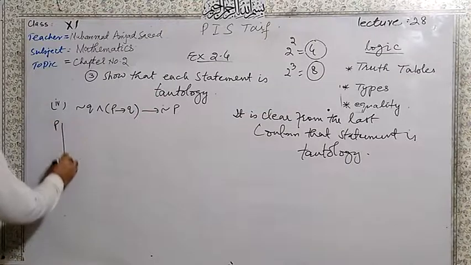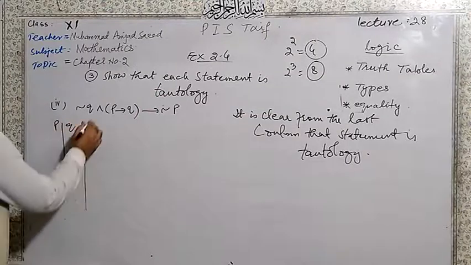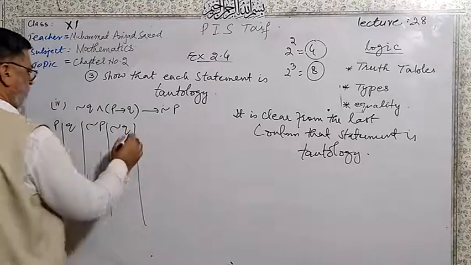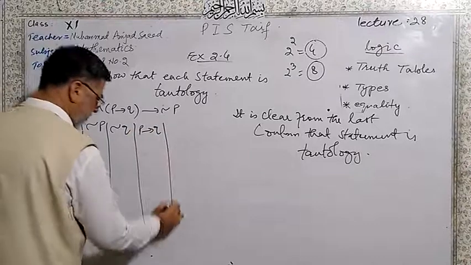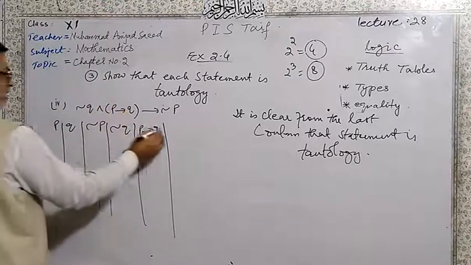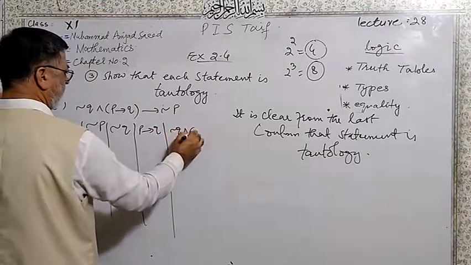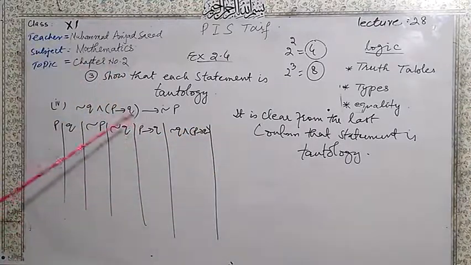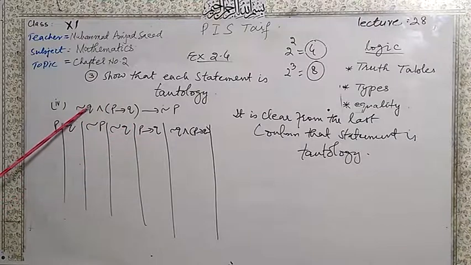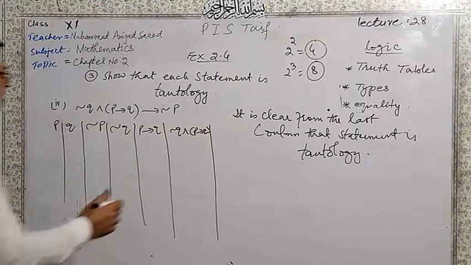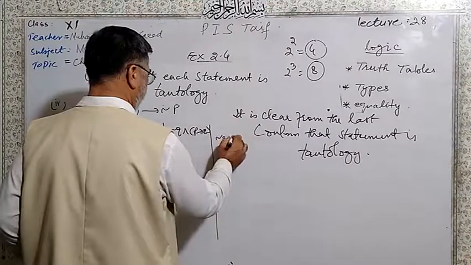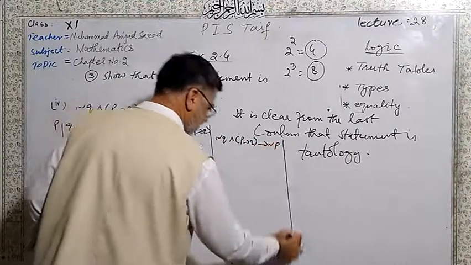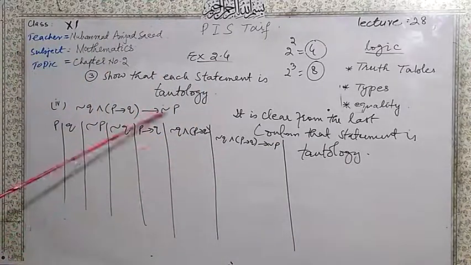So make the columns of P, Q, not P, not Q, P to Q, then not Q and P to Q, and at the end, not Q and P to Q to not P.